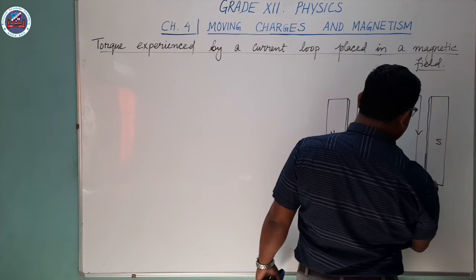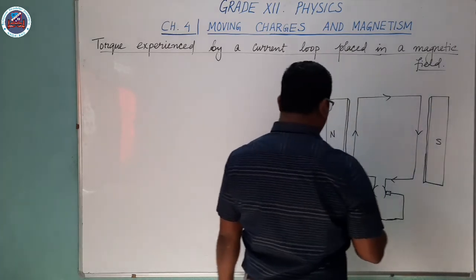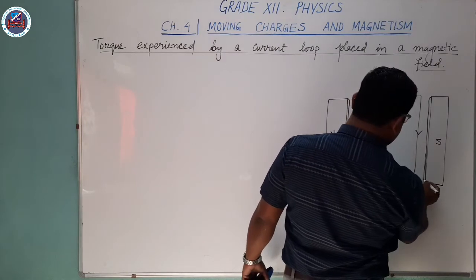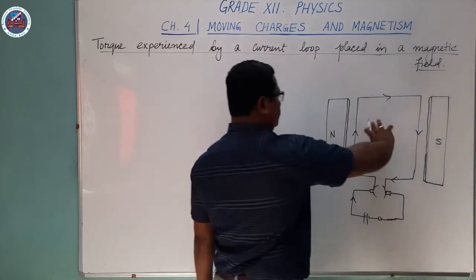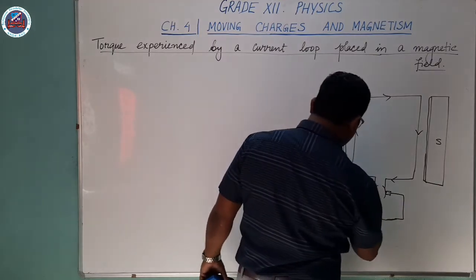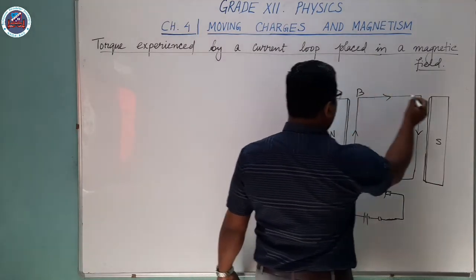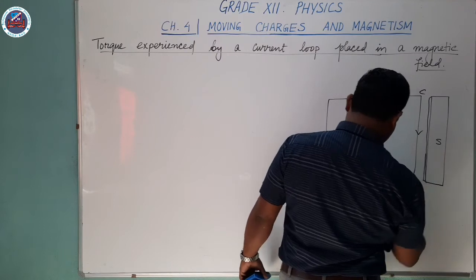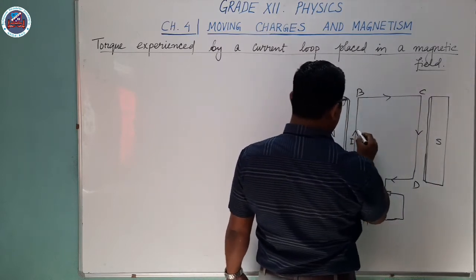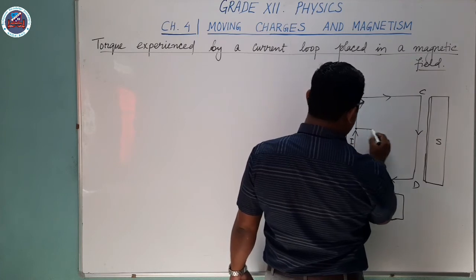Here we will basically be studying the motion of the conductor, or motion of the loop. Let us take this loop as A, B, C, D. Let the current flowing through it be I. The magnetic field is in this direction.